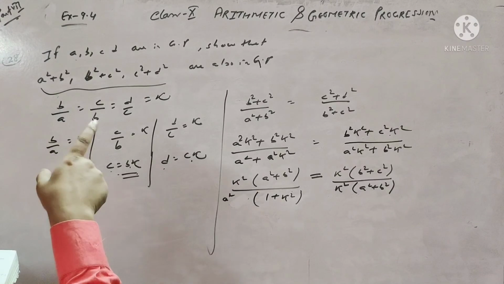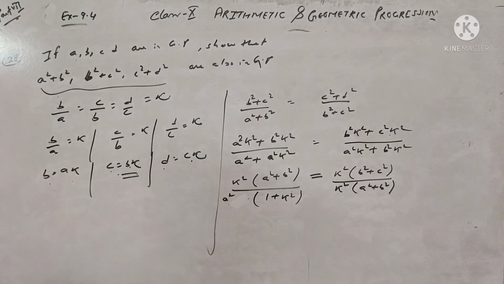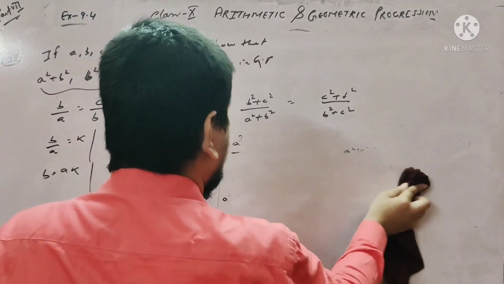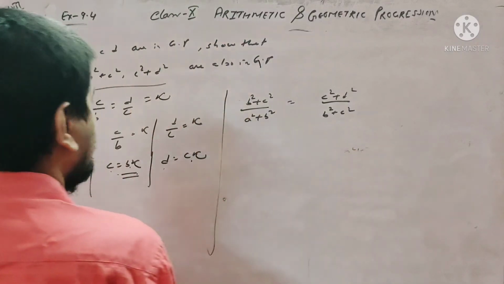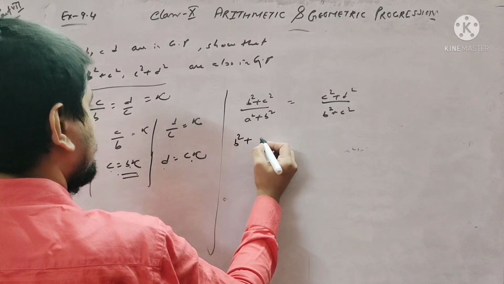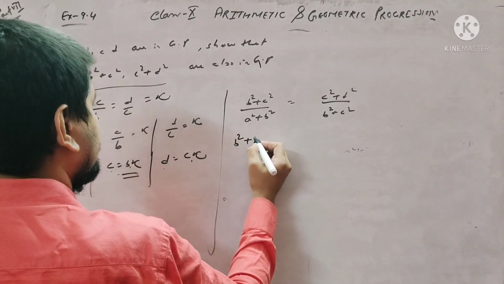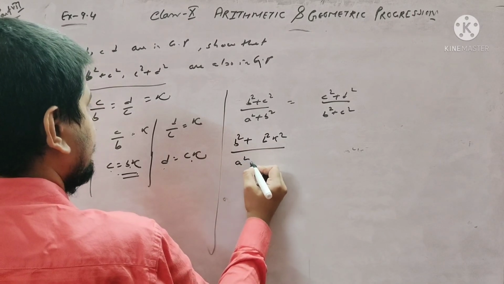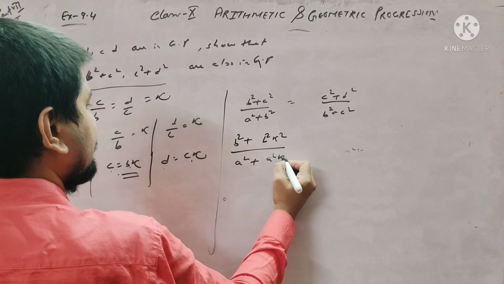b square by a square, and c square b square, a square k square. Here for c square we write b square k square, and for b square we write a square k square.